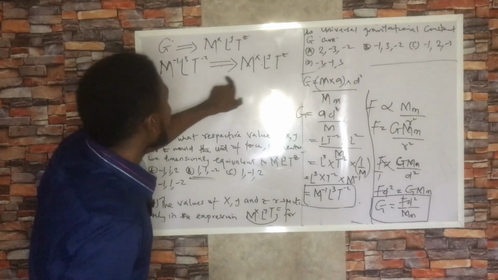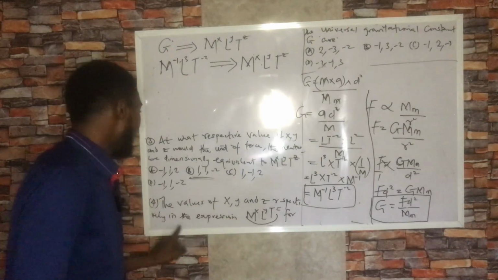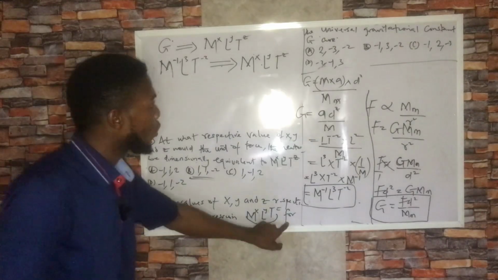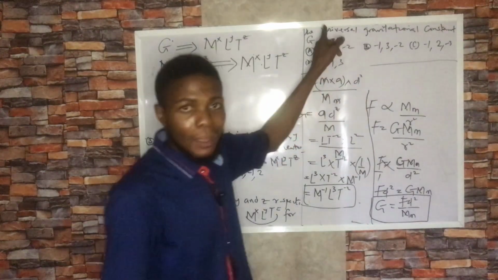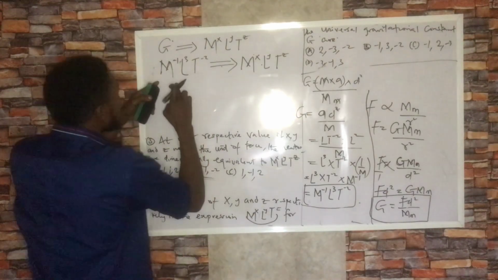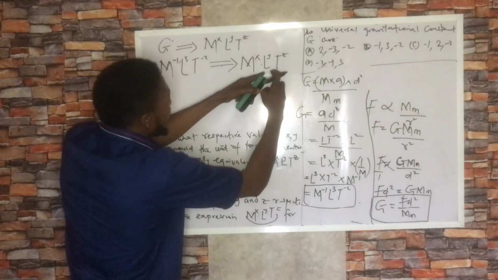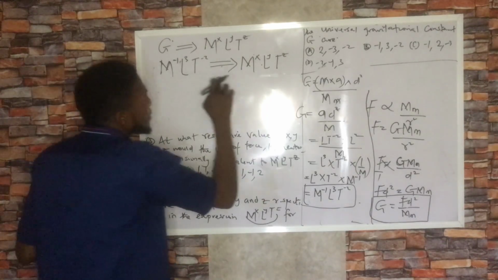So now you want to compare their powers. The values of x, y, and z respectively in the expression for universal gravitational constants are... So what do you do now? You have m, you have l, you have t. But their powers are different. So automatically we are saying these bases are equal.